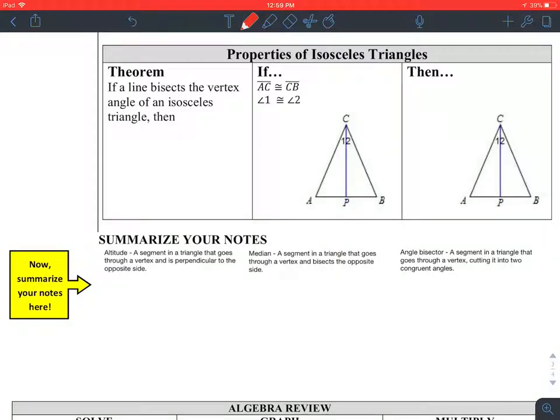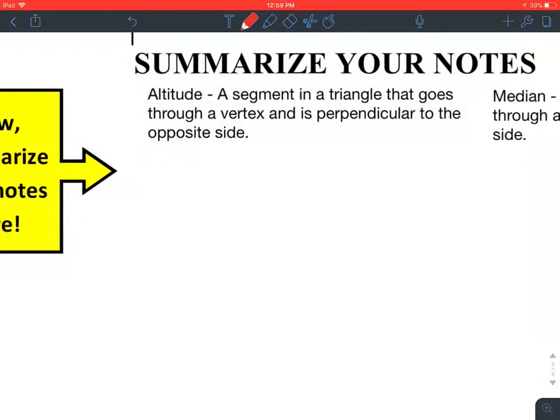Properties of isosceles triangle. Before we get into that, let's get into some definitions, and you need to write these definitions down. Altitude. A segment in a triangle. Let me draw a triangle. It's a good looking triangle. A segment in a triangle that goes through a vertex. A vertex is any of the places where the segments come together.